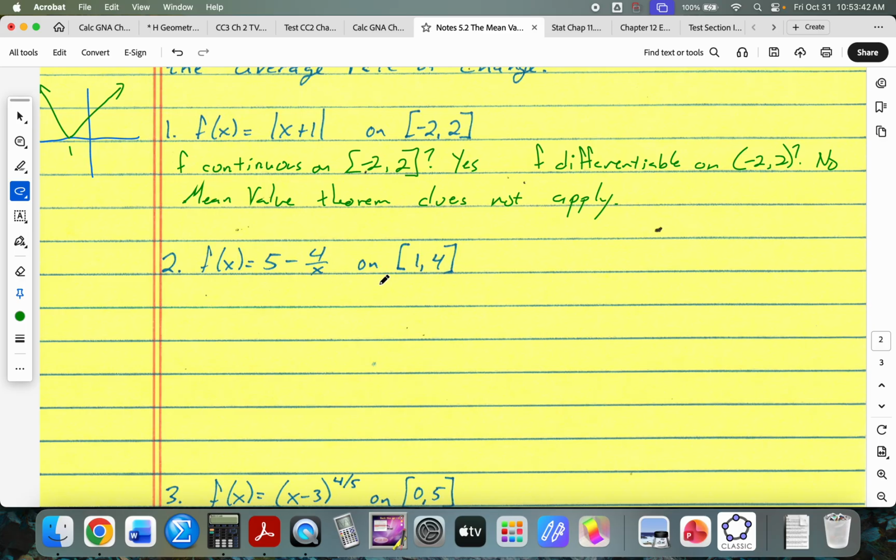But between 1 and 4, is it defined nicely everywhere? Yeah. Are there any breaks between 1 and 4? No. So the first question, is f continuous on the closed interval from 1 to 4? The answer is yes.